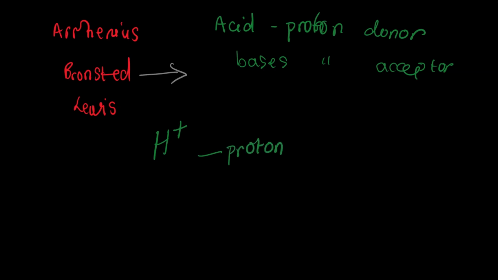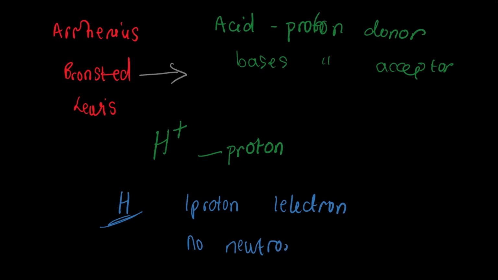Okay, proton acceptor. Now, it's good for us to take note of the fact that the hydrogen ion is actually simply a proton. Now, why is this so? Taking a look at the hydrogen atom, the hydrogen atom H has 1 proton and 1 electron. The hydrogen atom lacks a neutron, so it has no neutron.